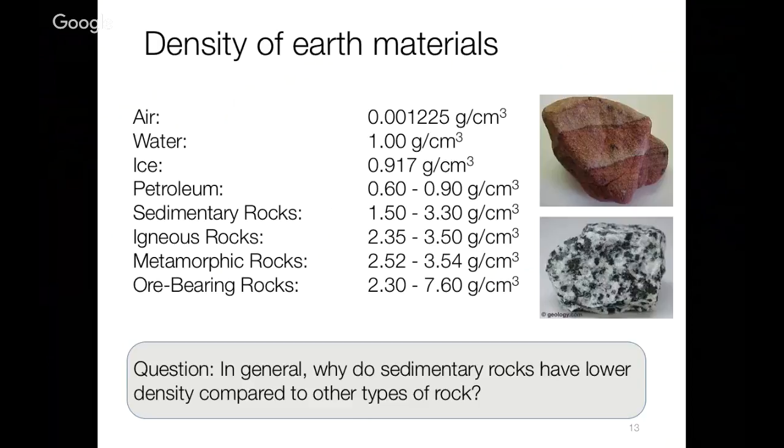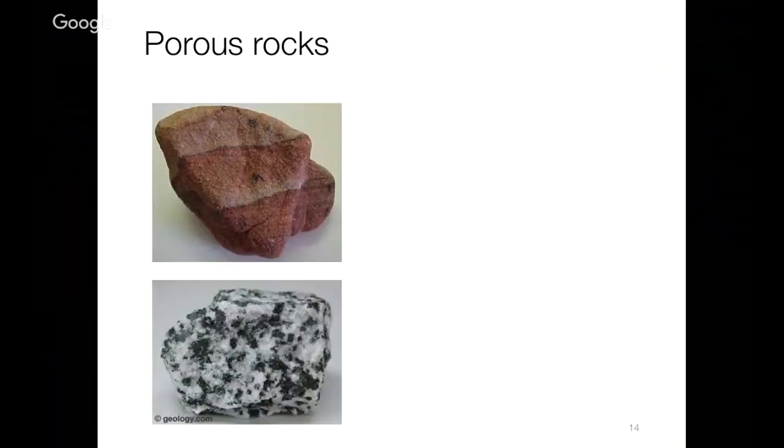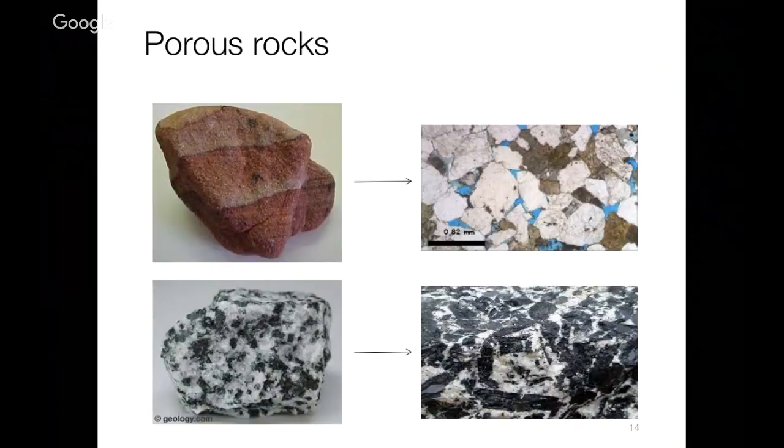Pore spaces. Perfect. So we've got rocks that have pore spaces. Here's a rock, and if you look at it, it's got pores. They could be filled with fluid, but fluid is generally low density, or they could even be air filled. Compared to something that doesn't have that porosity, this rock is going to be a lot less dense.